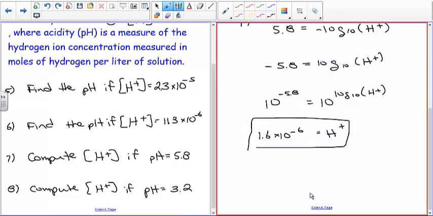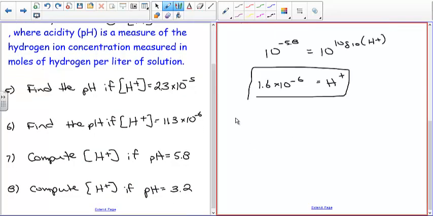And the final one of these, which is number 8, same deal. We've got a low pH, so we should have a high hydrogen ion concentration. So we get 3.2 is equal to negative log base 10 of hydrogen ion concentration.